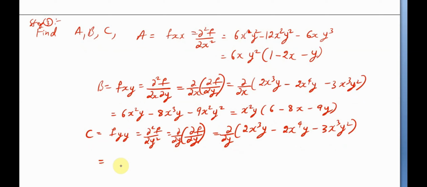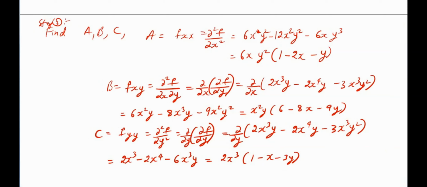So therefore I will get 2x cube, here the differentiation of y is 1, minus 2x raised to 4. Please see here x remains constant, only y I am going to differentiate, so the differentiation of y is 1, minus, here you can see y square only I am going to differentiate, so it will become 2y. So 2 into 3 will become 6x cube y. So what is common in these, students? Yes, very easily you can see it is 2x cube, so here 1 remains, minus x remains, minus 3y remains. So like this you simplify the example, A, B, C.